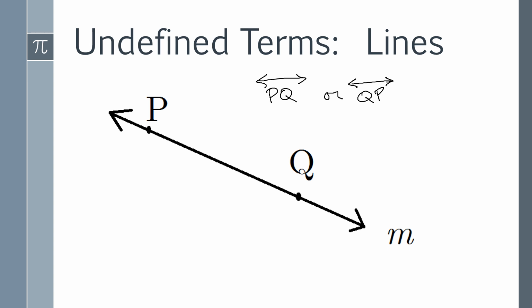We can use either form to name that line. When we have just this lowercase letter, we usually just write the word line and then we write an M. Okay? Or you could write it like this. Okay? That's my writing.